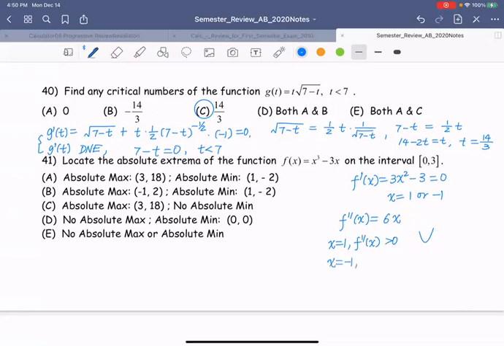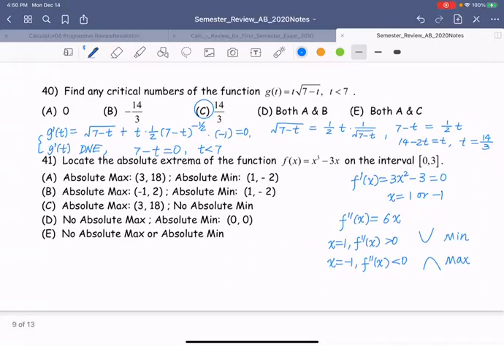X equals negative 1, that's concave down, right? So x equals 1, this is the min, right? This is max. Does that make sense?